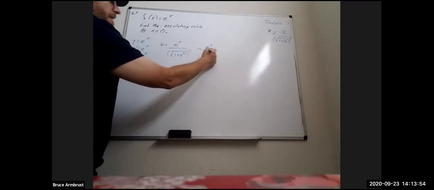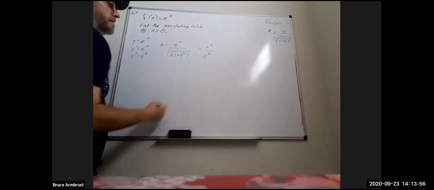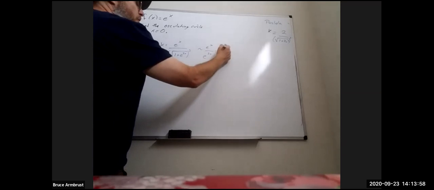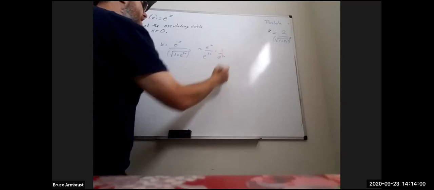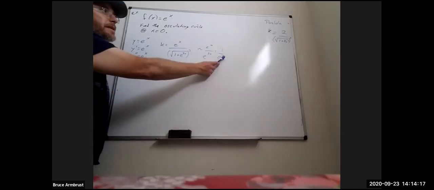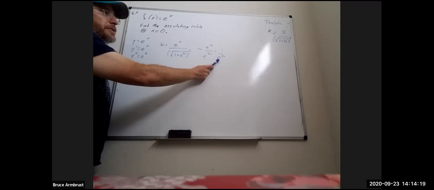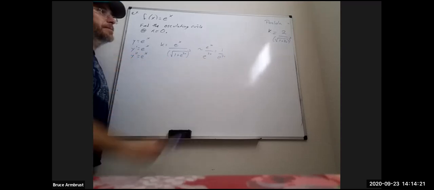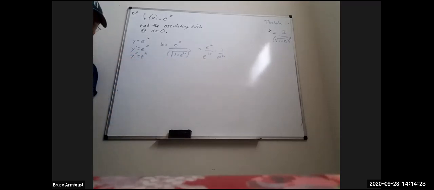E to the x cubed is e to the 3x. So this behaves a lot like 1 over e to the 2x. And so as x goes towards infinity, we get something really, really big on the bottom, and the curvature goes towards 0.